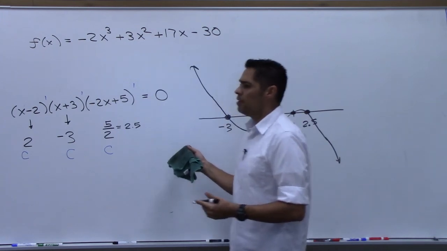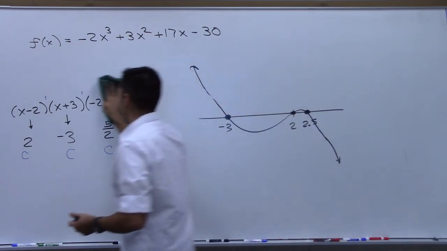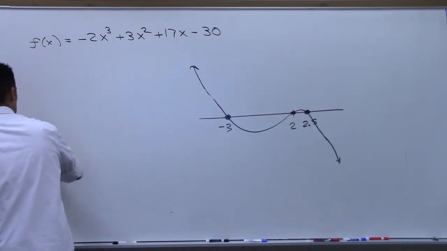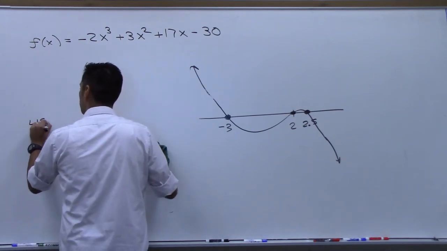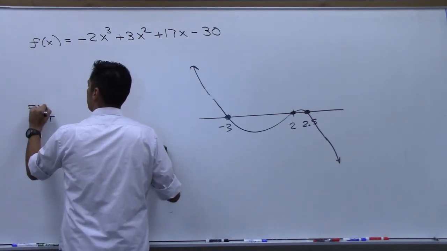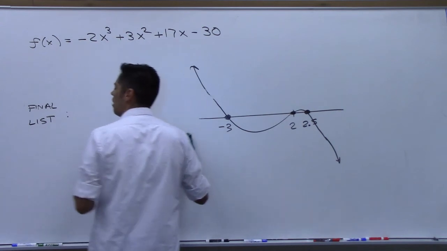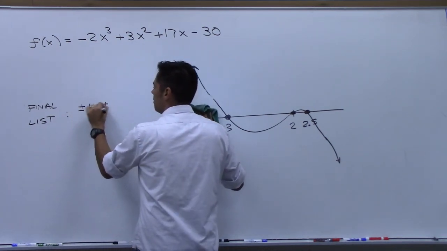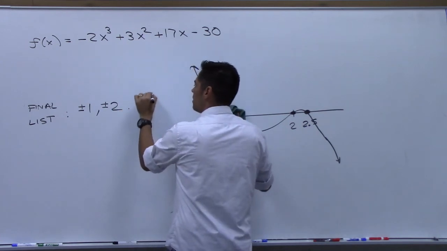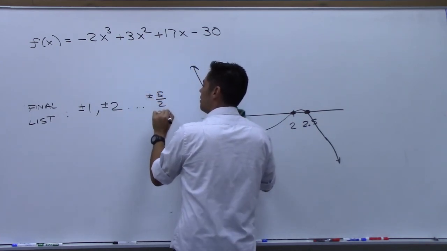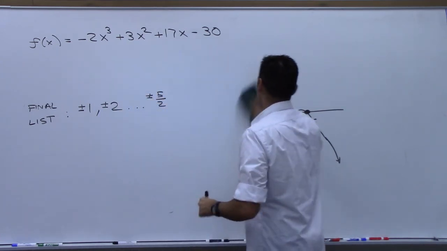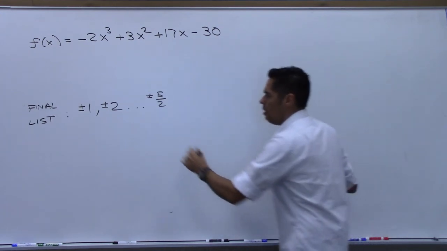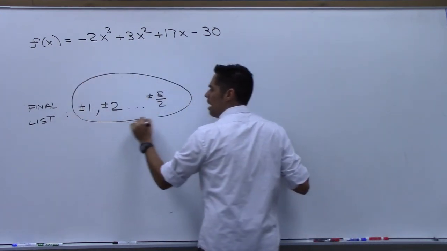What you're doing when you're creating this list, notice that in our final list, you're always going to have like 1s and maybe 2s in there, right? You might get something like 5 halves. All of these numbers in here are all going to be a certain type of number.